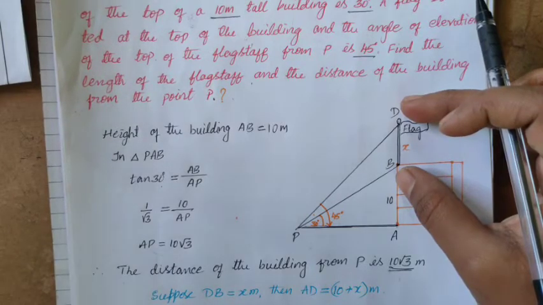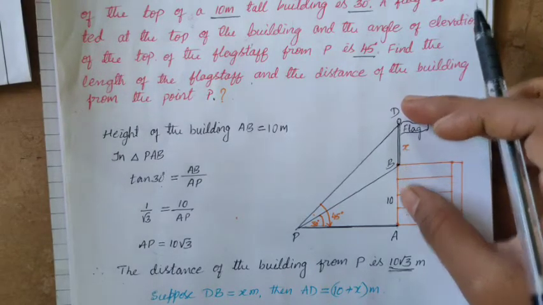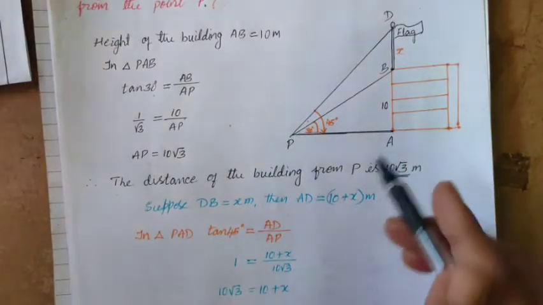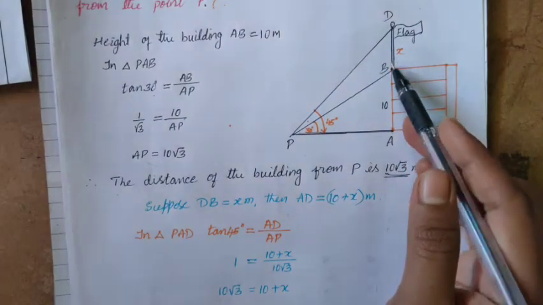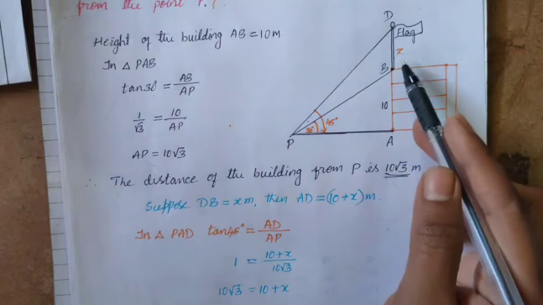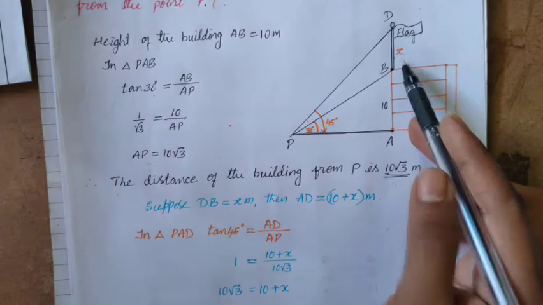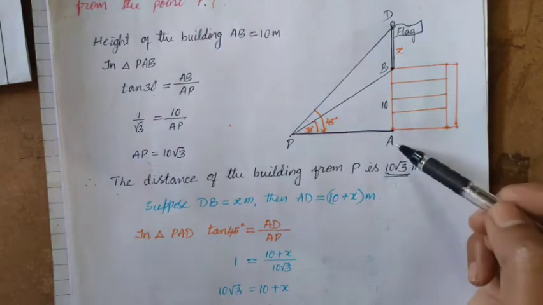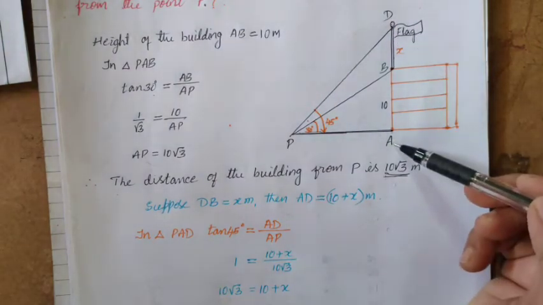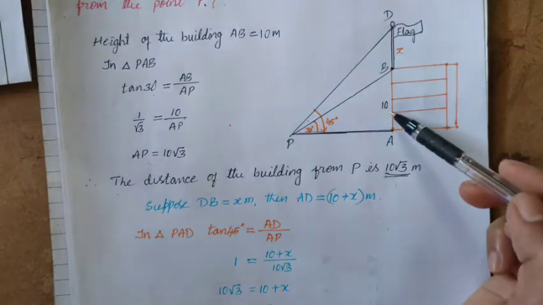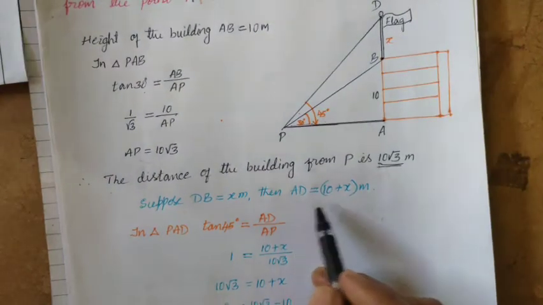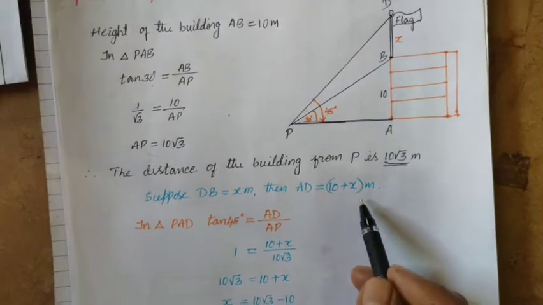Let us consider the flagstaff length DB is equal to X. X is nothing but unknown. And AD is nothing but the addition of 10 plus x. So write AD is 10 plus x meters.